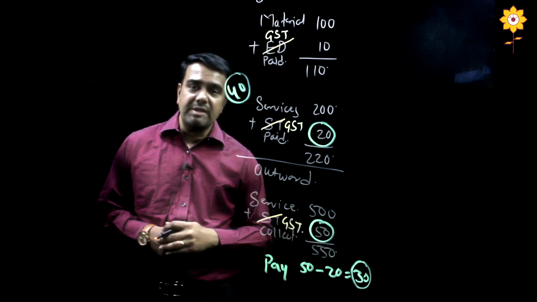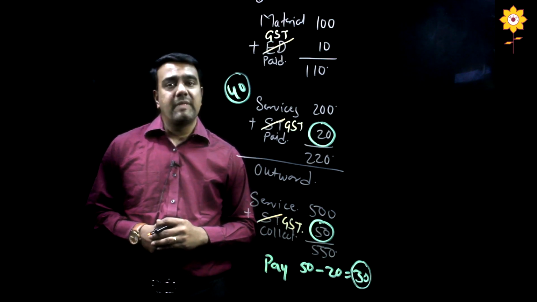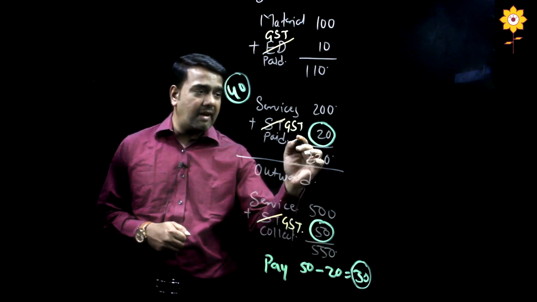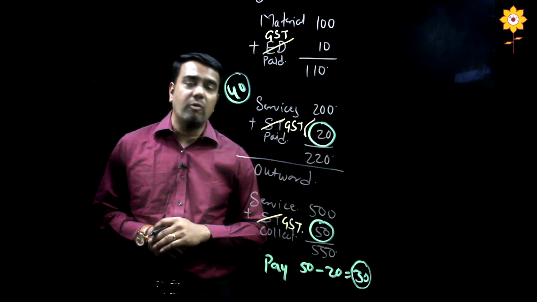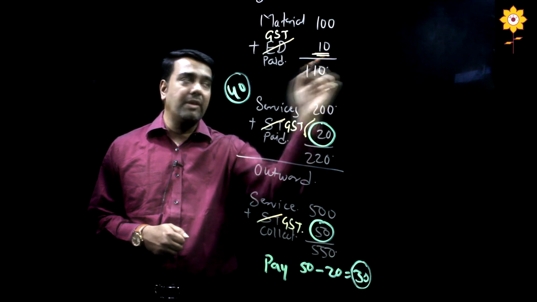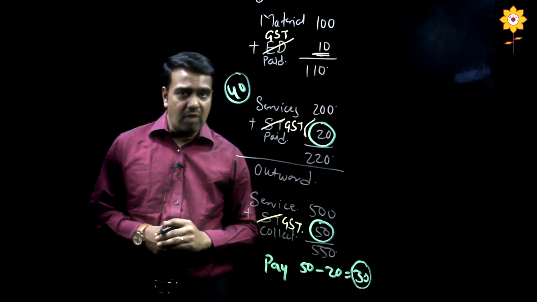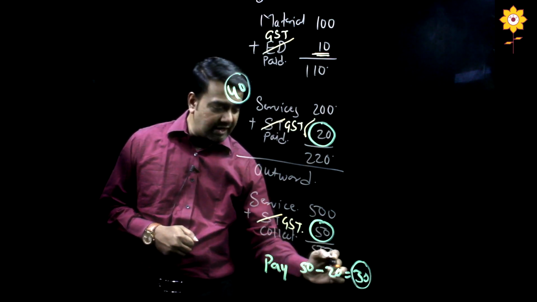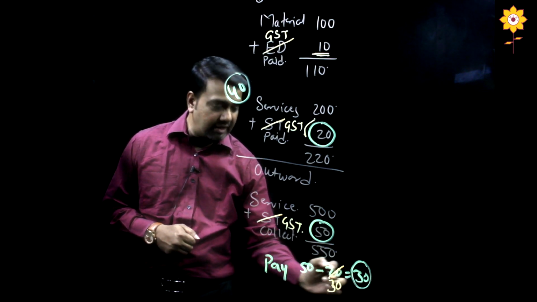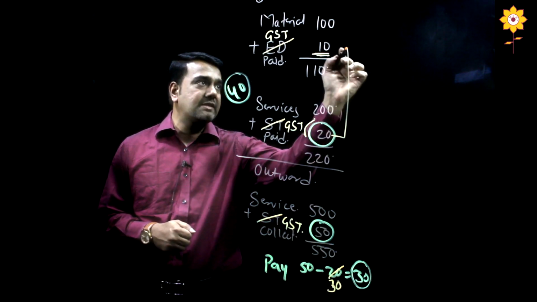So this 50 rupees that I have collected, I have to pay to the government. While paying this 50, earlier I could get the setoff of only 20. This 10 was wastage for me. Now I can take the setoff of this 10 also. So instead of 20, I will take a setoff of 30, which means 20 plus 10.